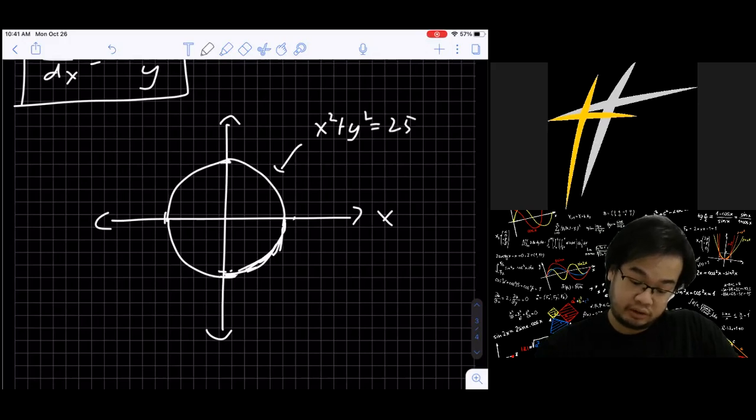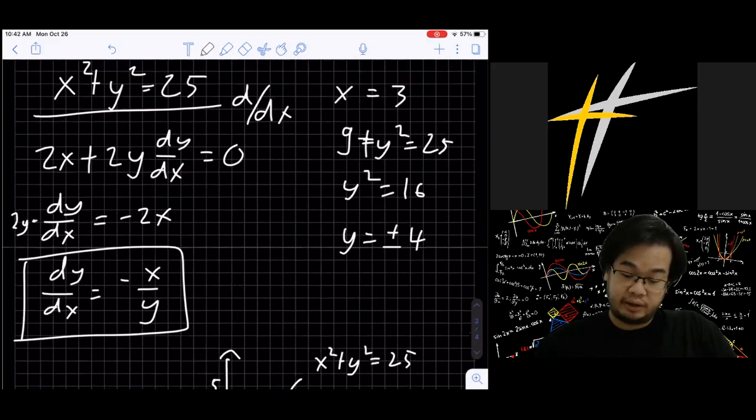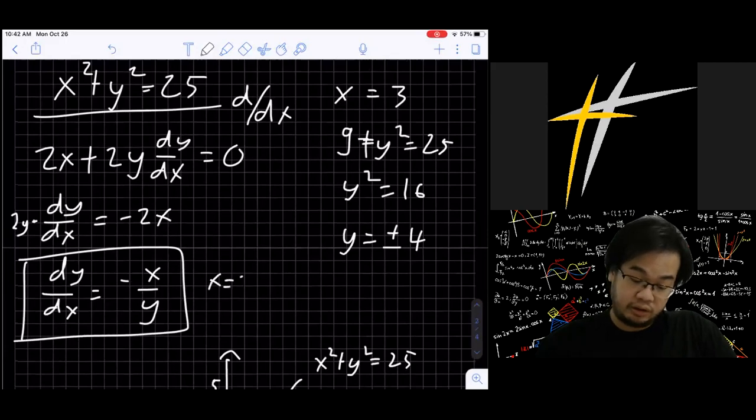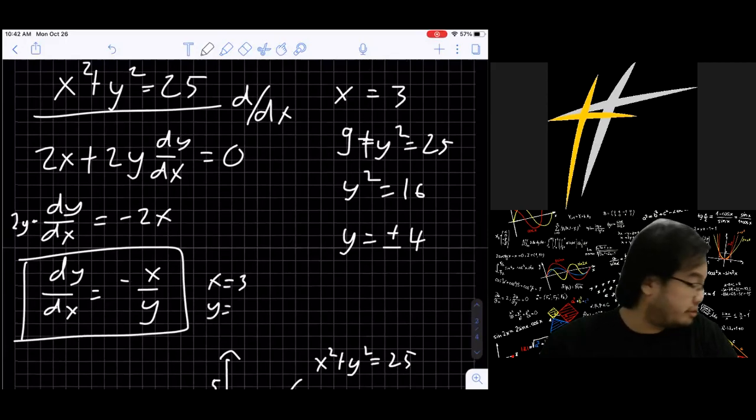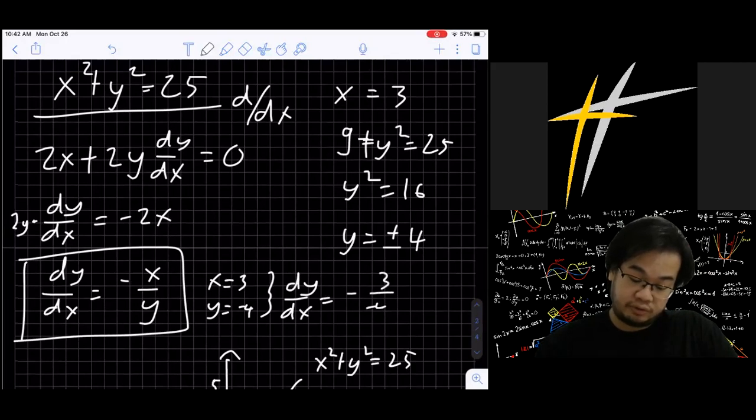It means that the radius is 5, so this is 5, and this is 5, negative 5, negative 5. Now let's find dy/dx when x equals 3 and y equals the lower value, negative 4. Then dy/dx is equal to negative 3 over negative 4, which is 3 over 4.